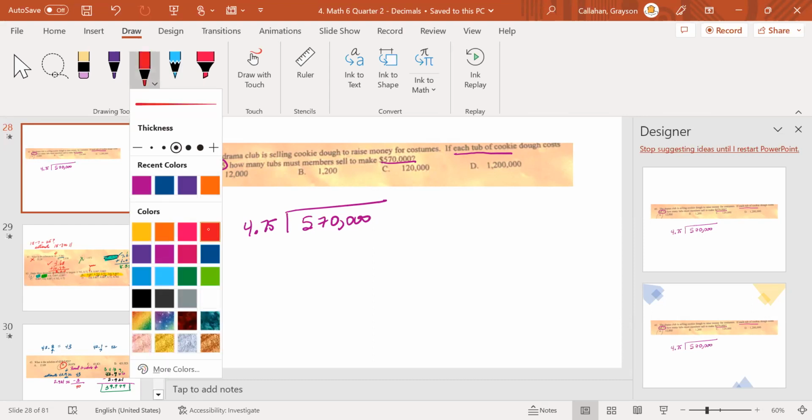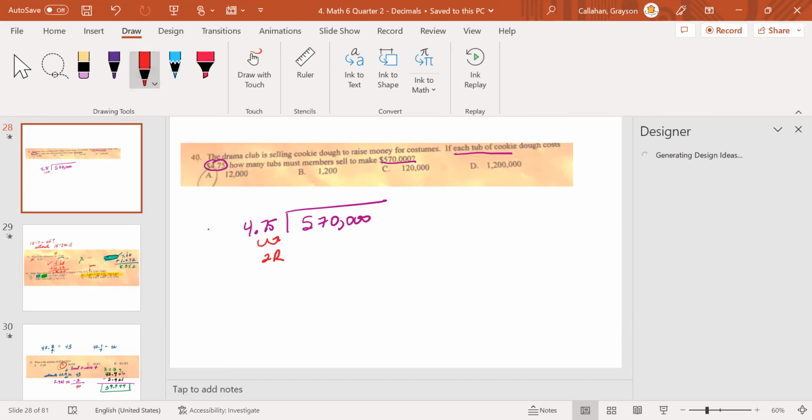So I'm going to move this over 1, 2, which means you move this 1, 2. So you add 2 additional zeros, right? So I have 475 divided by 570 followed by zeros.